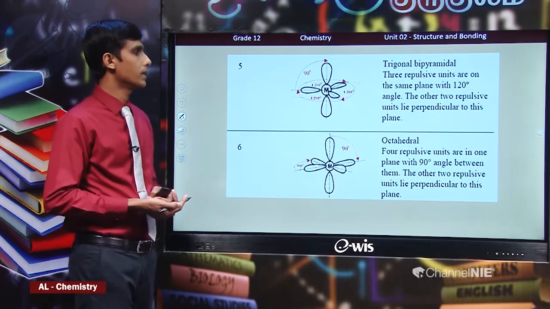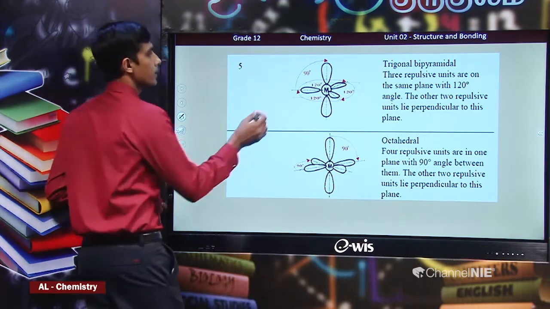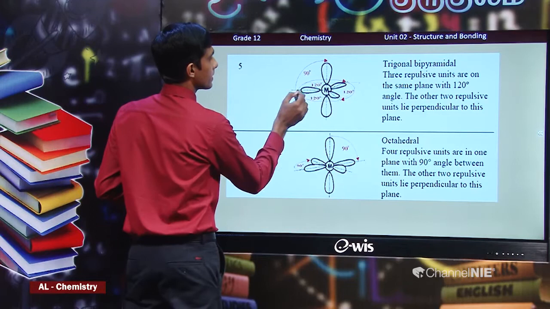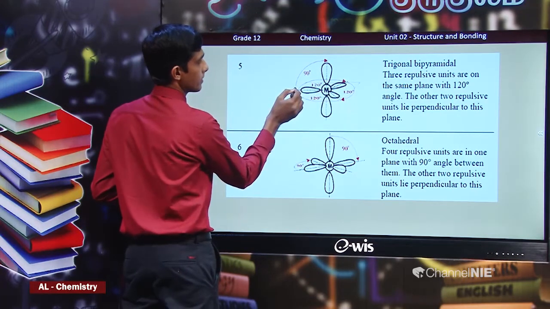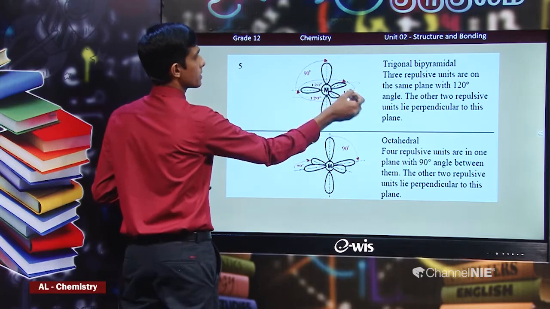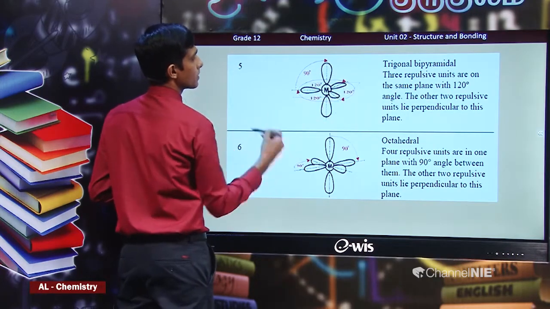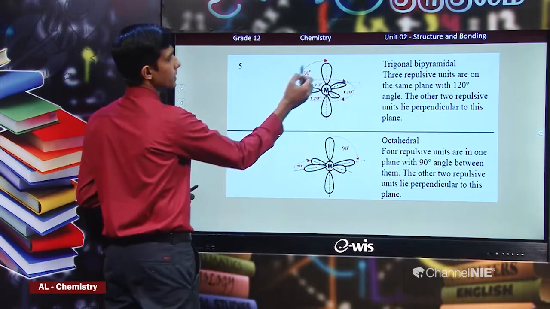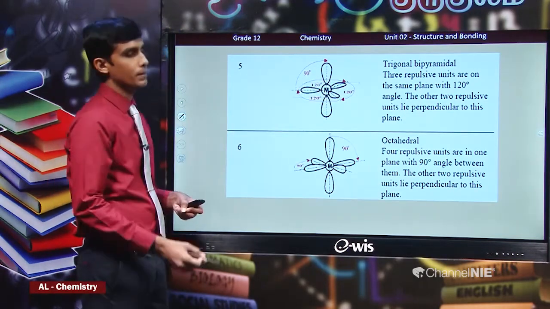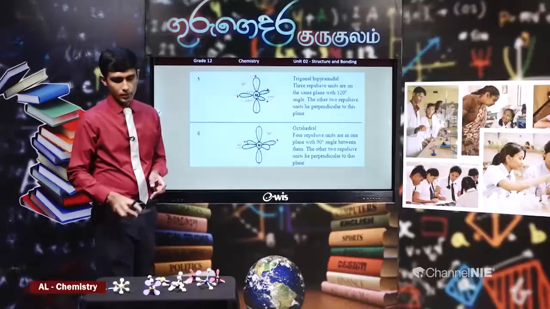If you connect these 3 in the plane, you get a planar triangle, and 2 pyramids, bipyramidal. So, this arrangement is called trigonal bipyramidal arrangement. That can be shown like this.